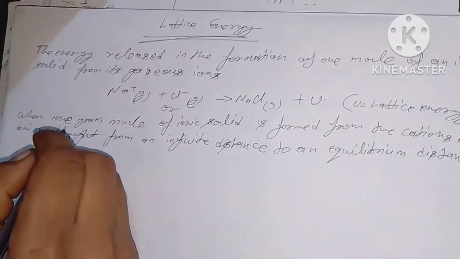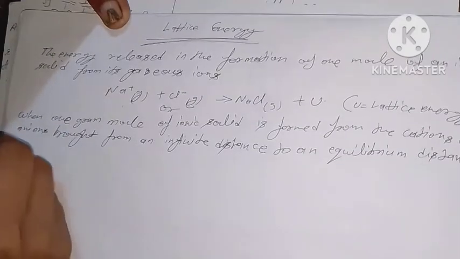Equilibrium distance. The energy released is called lattice energy.